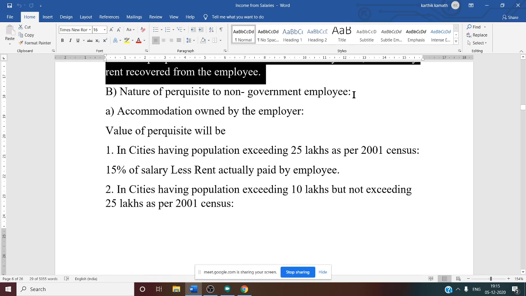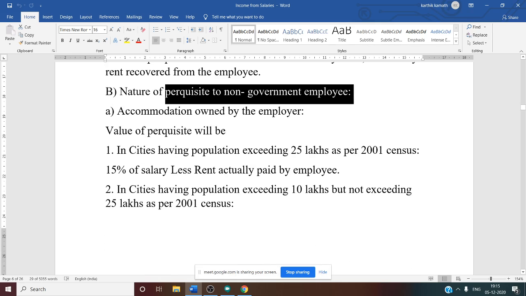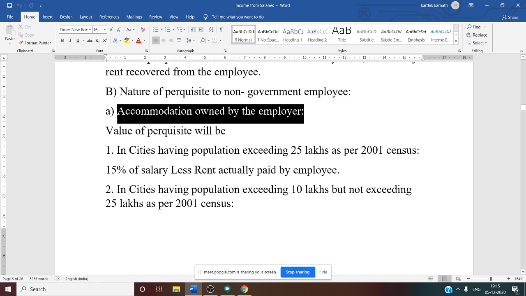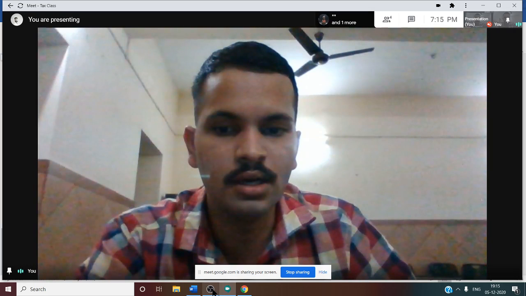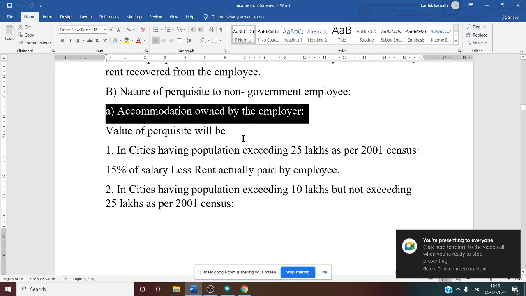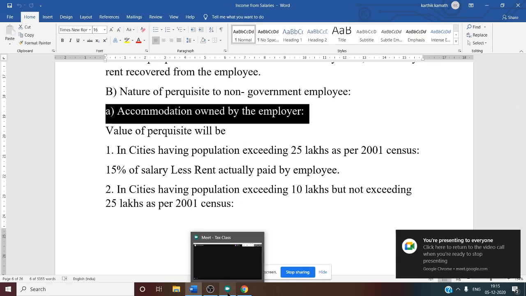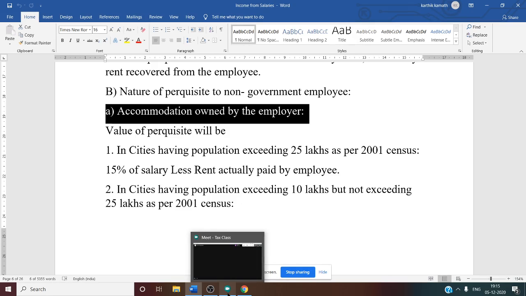Now there is one more category of employee, called non-government employee. Under non-government employee, first, accommodation is owned by the employer. Whenever accommodation is owned by the employer, there will be three cases, which we discussed in the last class, depending upon the population.